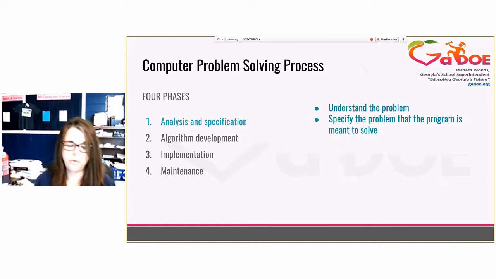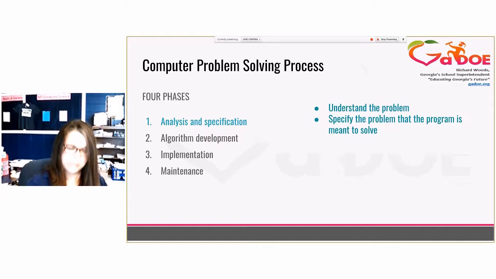problem is. So if you're a student in a classroom and you're being asked to do some kind of mathematical problem or build a game or solve a math problem, you need to understand what you're being asked to do. So once again, understand the problem.